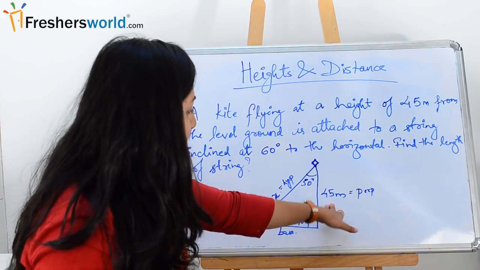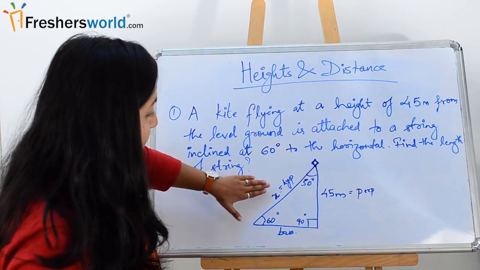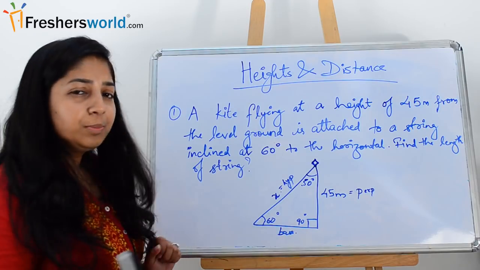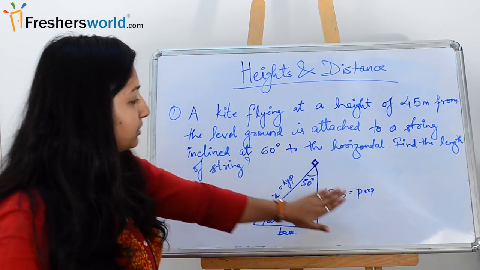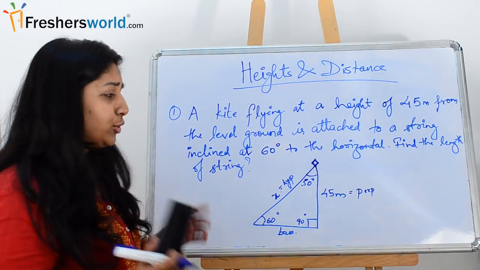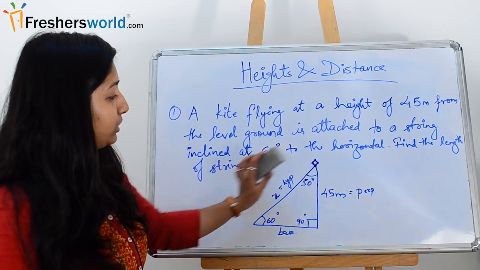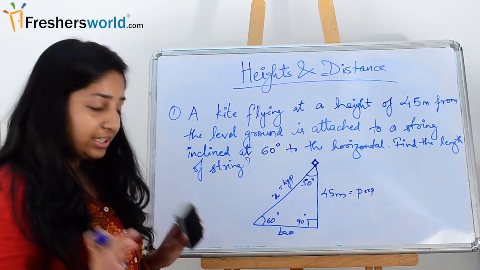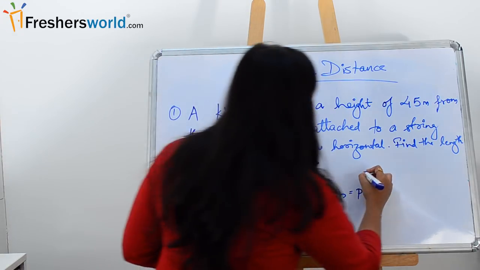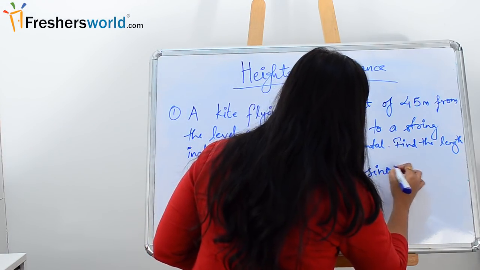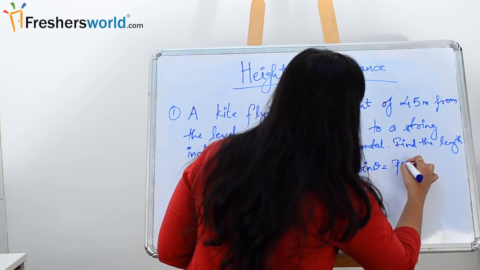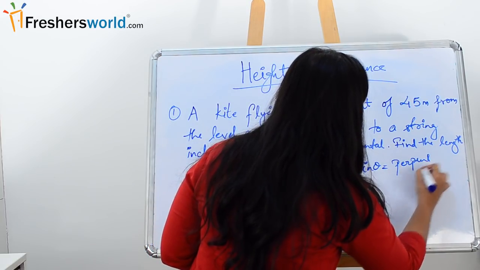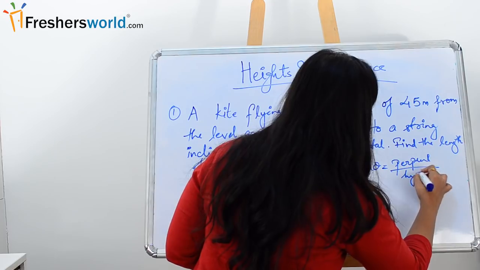We have one of the sides as 45 meter and we need to find the hypotenuse. So we have the hypotenuse, we have the perpendicular. What should be the formula which relates both the hypotenuse and the perpendicular? Yes, you guessed it right, it's sine theta. Sine theta equals perpendicular by hypotenuse.